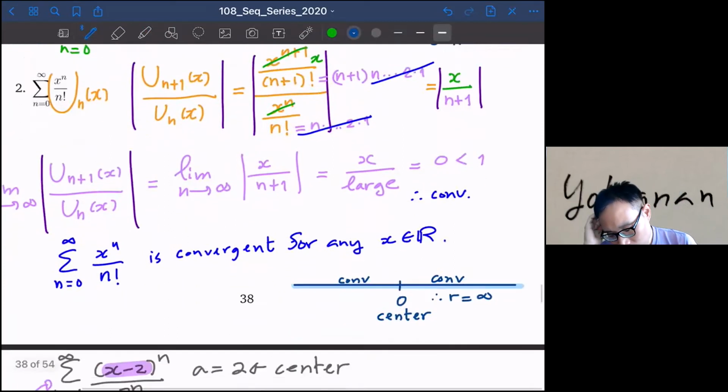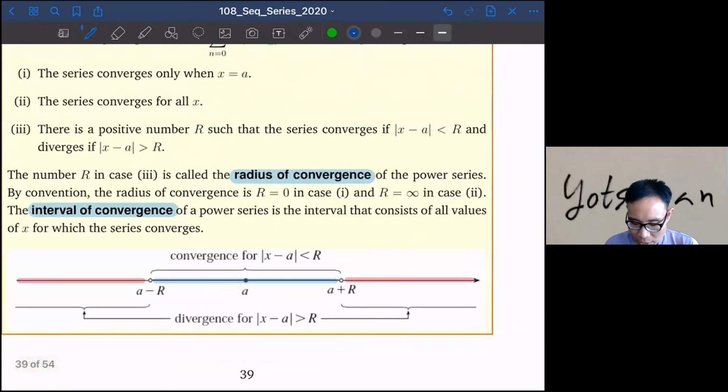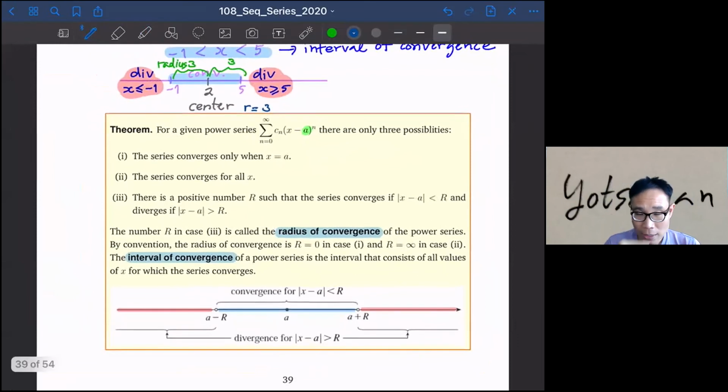So for this situation, the radius of convergence is equal to 3. It's going to be just 3 steps from the center on the left side and on the right side. So that's going to be the conclusion. This is a theorem: you have the radius and the center.